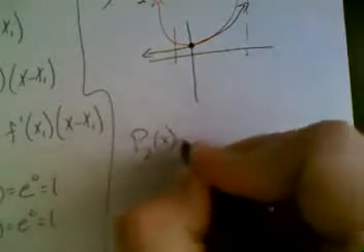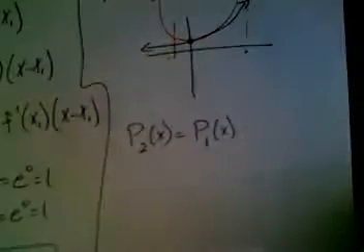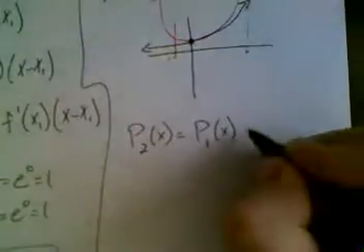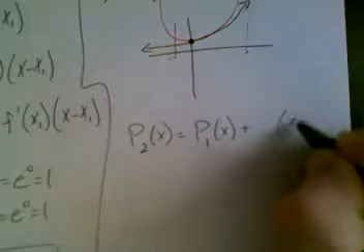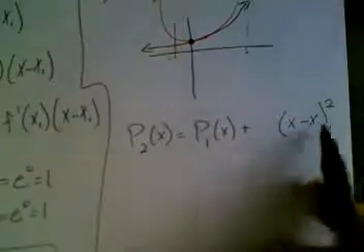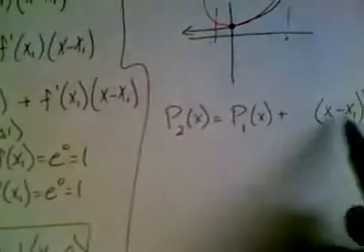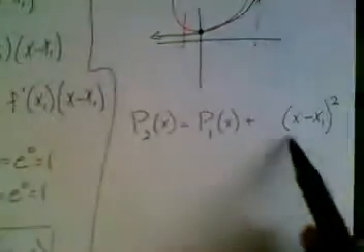Well, first of all, we know that this thing here should have some resemblance of the first degree approximating polynomial plus some sort of quadratic. Now, when I say quadratic, I'm going to use the same information that I had for the first degree. So this and this I'm going to go ahead and match up.